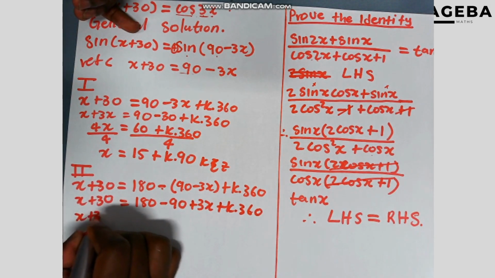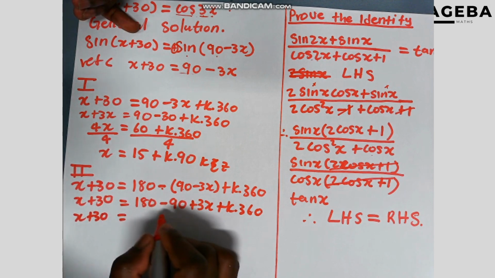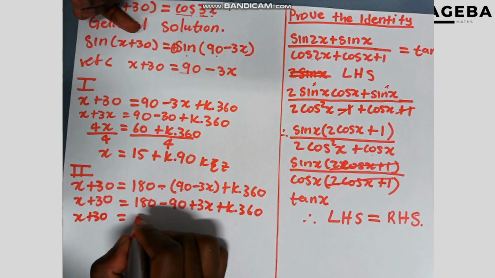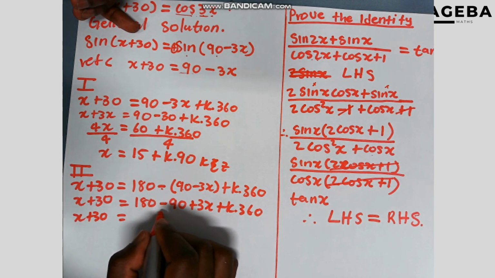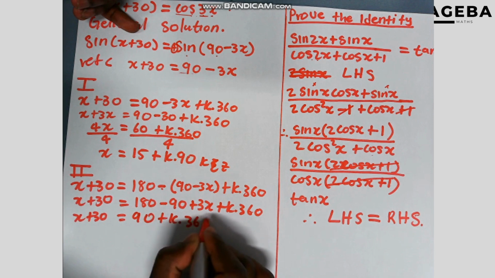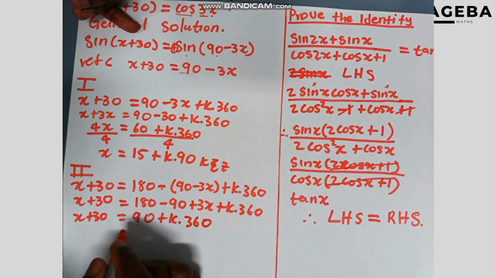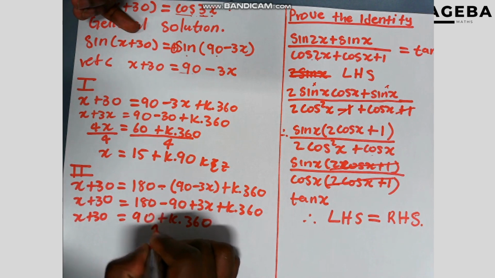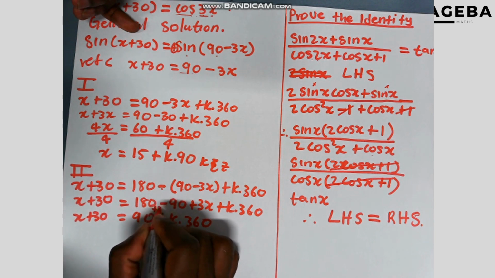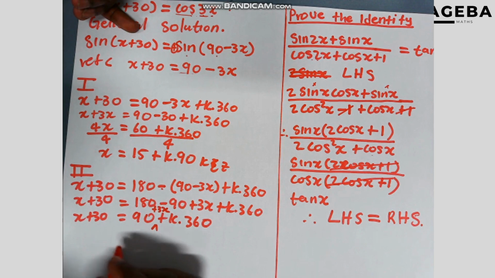Now adding my like terms, 180 minus 90 is 90, plus k times 360, and here I have plus 3x.